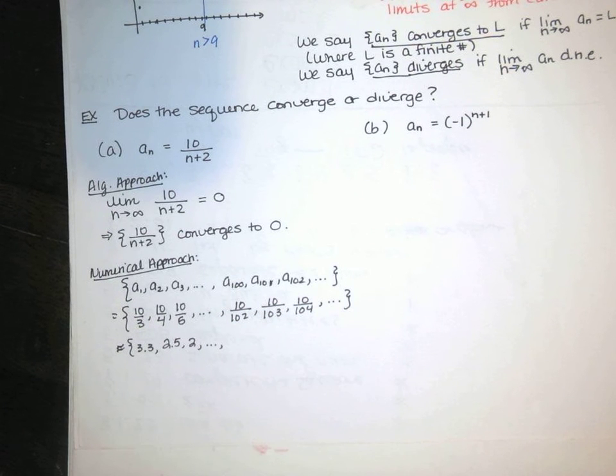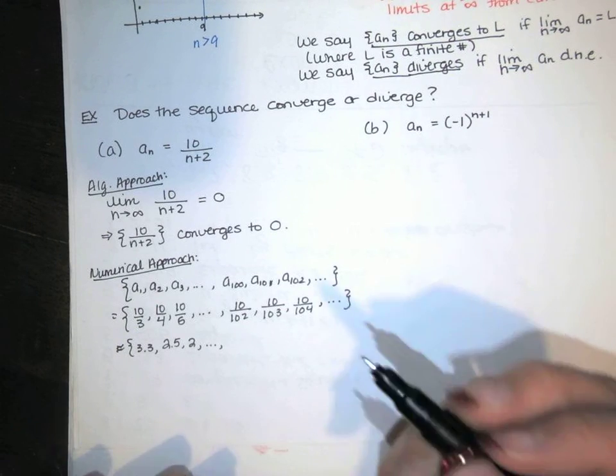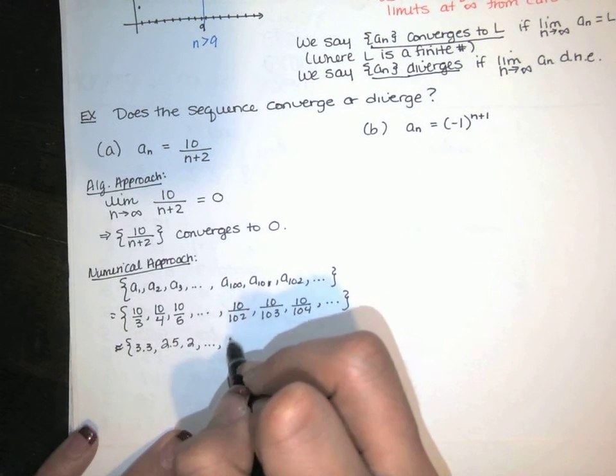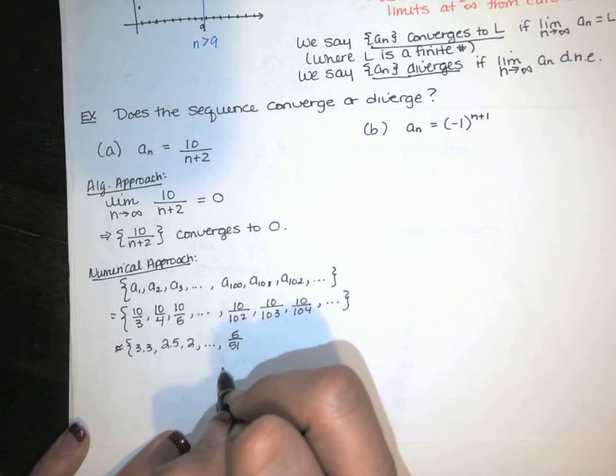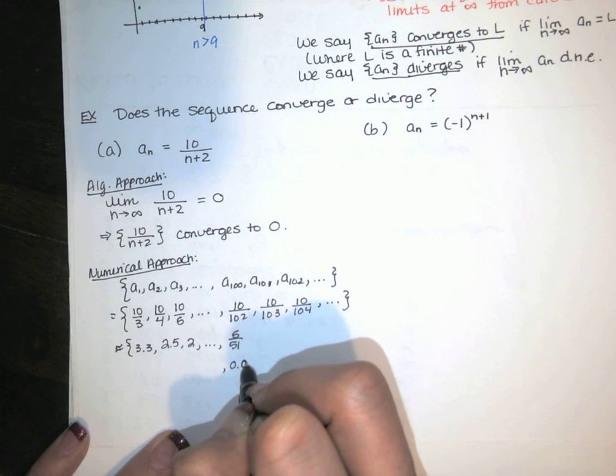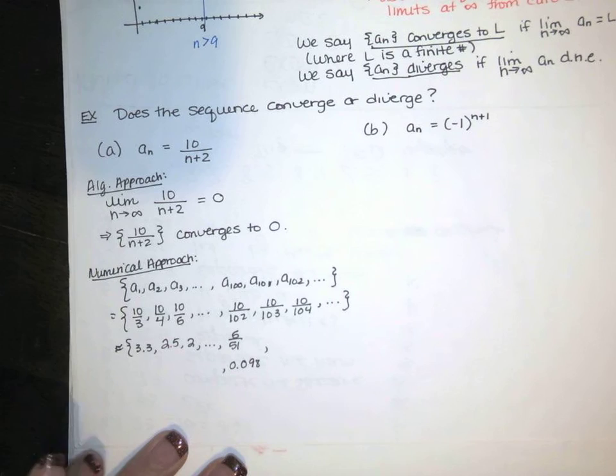Now 10 over 102 is really close to 1/10. It's not quite 1/10. It's actually 5 over 51. But that decimal approximation is 0.098 approximately.